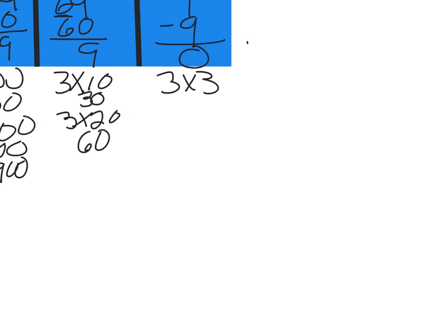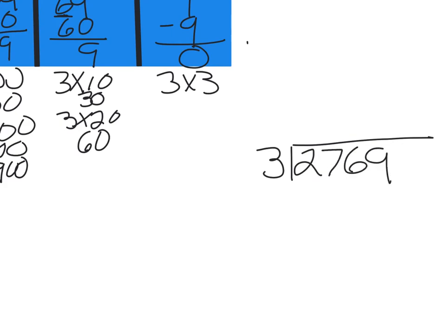This mirrors our standard algorithm of division thusly. Well, 27 divided by 3, that's 9.